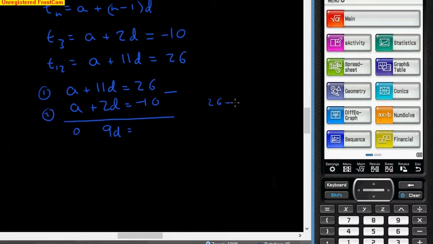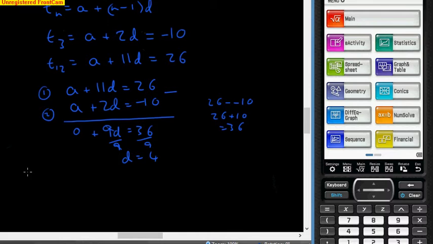That's the same as 26 plus 10, which is 36. Okay, now I can nearly find out what d is. If I divide both sides by 9, the 9's will divide out on this side, and d equals 36 divided by 9, which is 4. Okay, I've got my d.